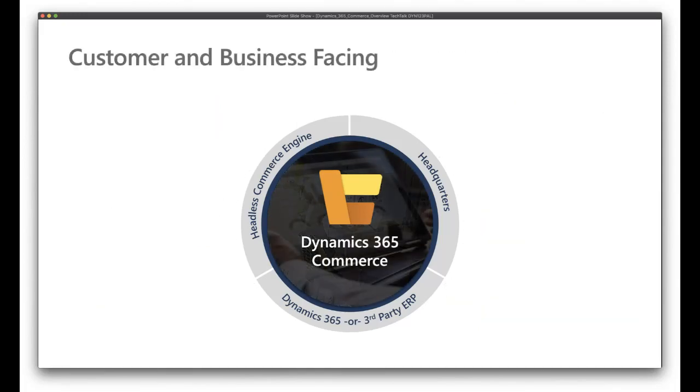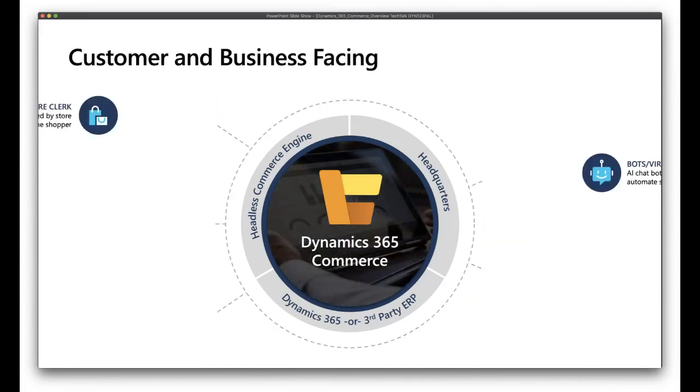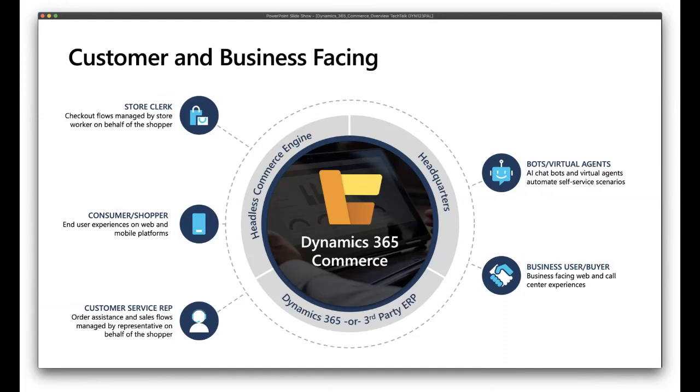So if we were to look at it holistically, we have the channels and we have the customers. So here are the customers that we can work with, whether it be a store clerk in the physical store, in a pop-up shop, or monitoring a line. Our consumers and shoppers who can interact online. So being able to work in those digital platforms and those mobile platforms to be able to view the website and take orders.